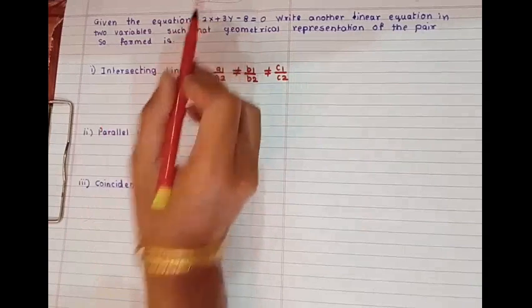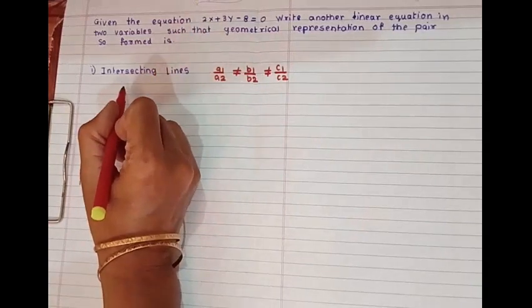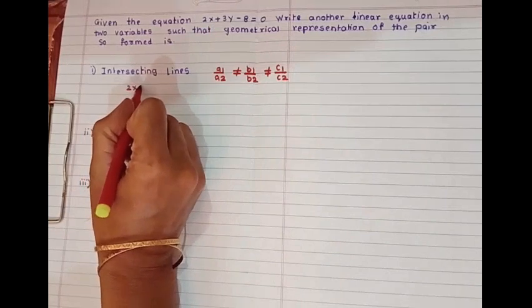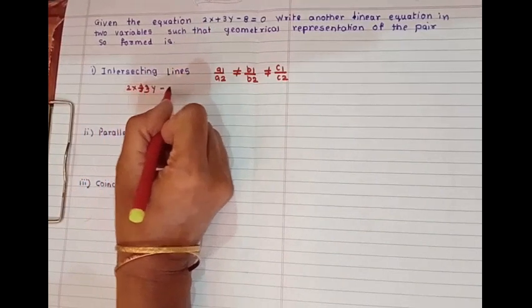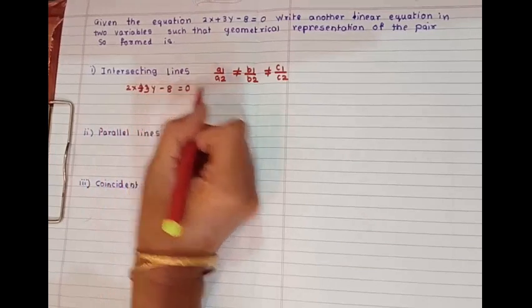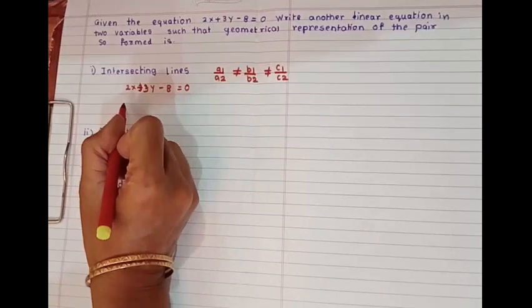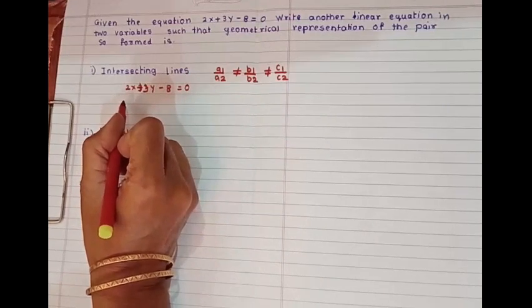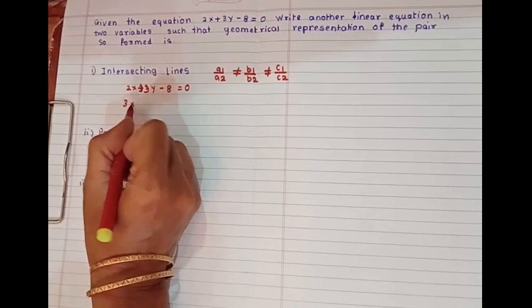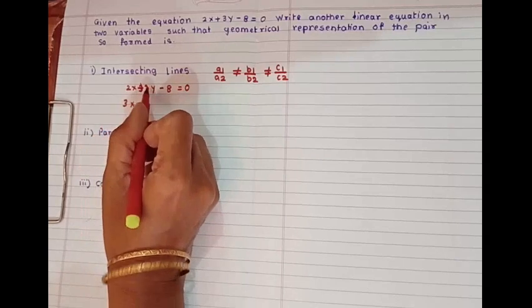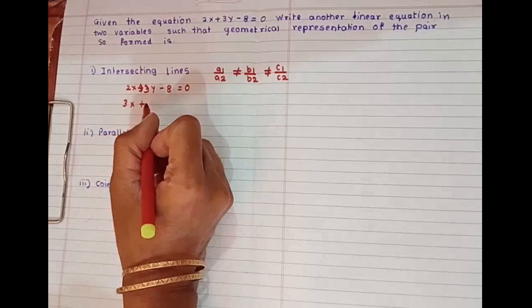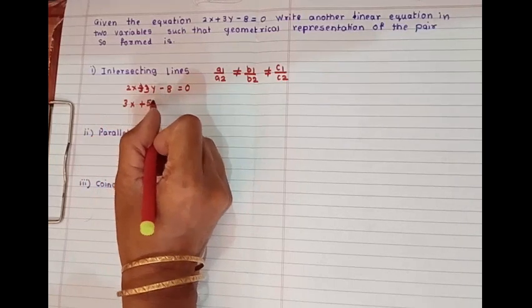So you can take the first one as 2x plus 3y minus 8 is 0. So I can take a2 as any other number. For example, I will take 3x plus I will take here 5y.